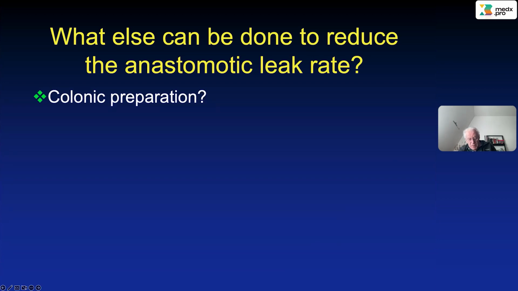There are so many publications about what you should do to avoid infectious complications, surgical site infections, but all the information about anastomotic leakage is riddled with false statements.